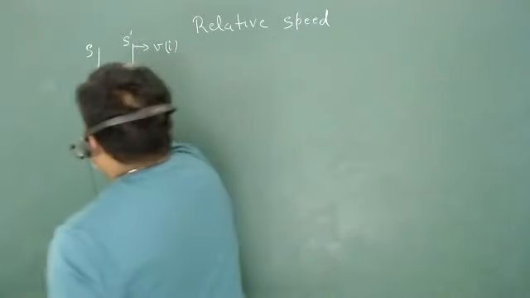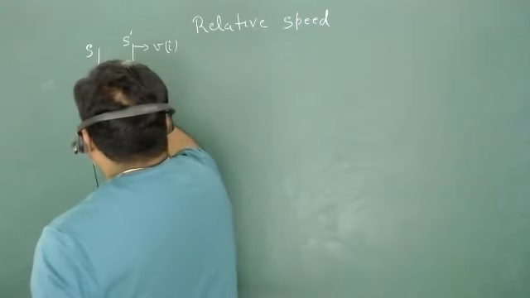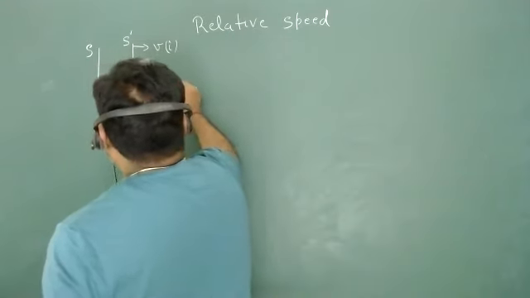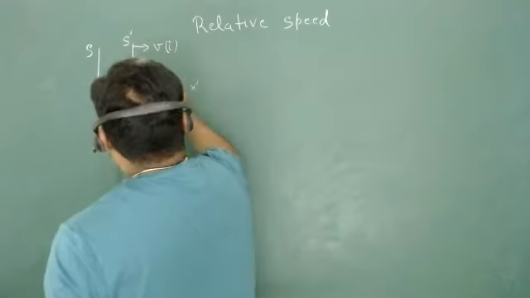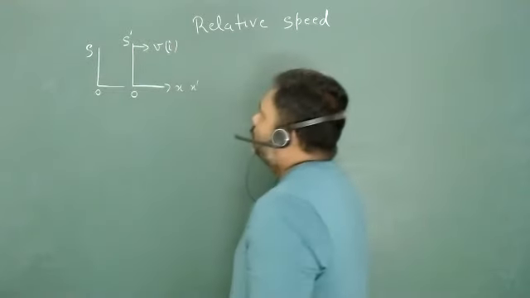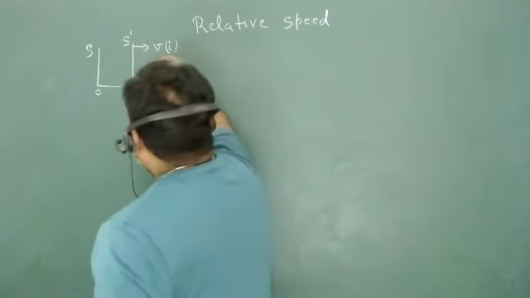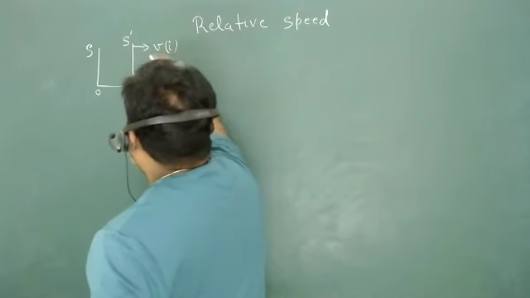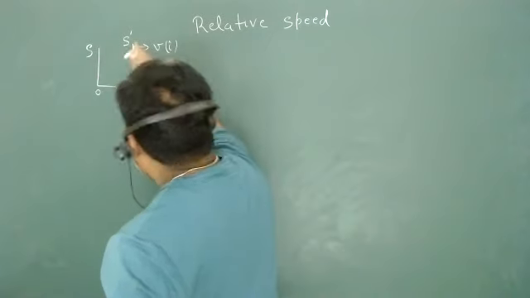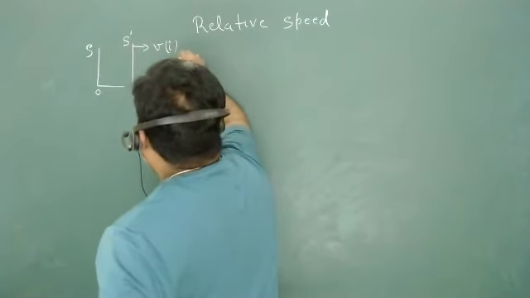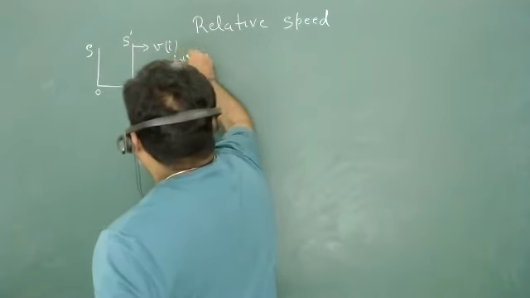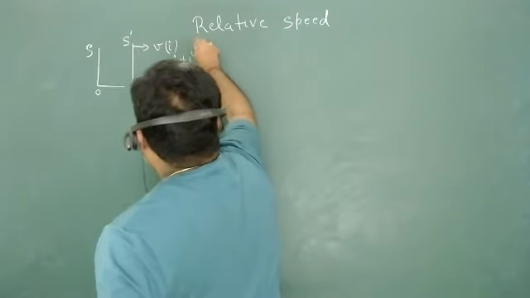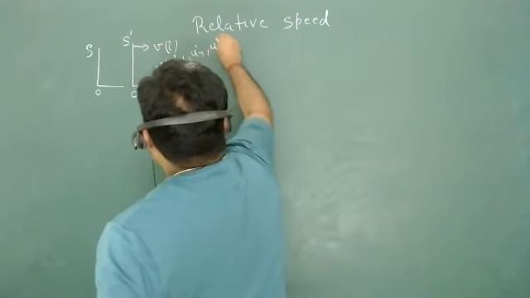Obviously this is the origin of S, this is the origin of S dash, and X and X dash are collinear. We have a particle or point which is moving with respect to S dash with velocity ux dash, uy dash, uz dash.